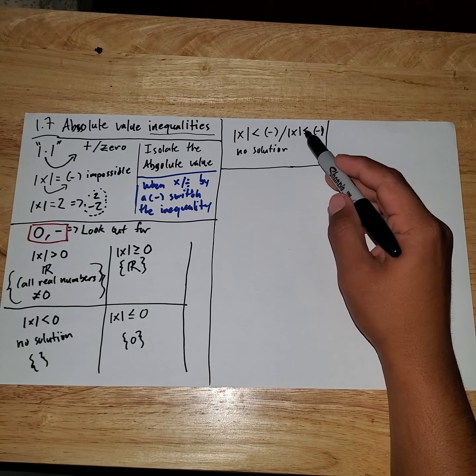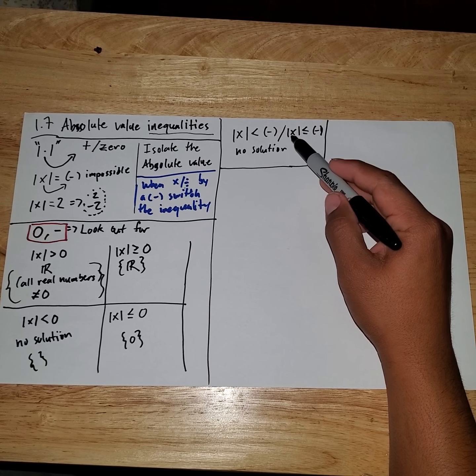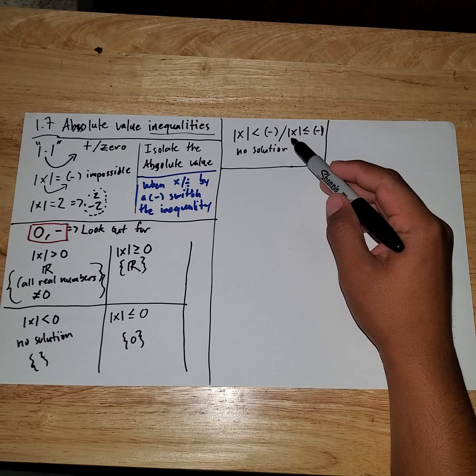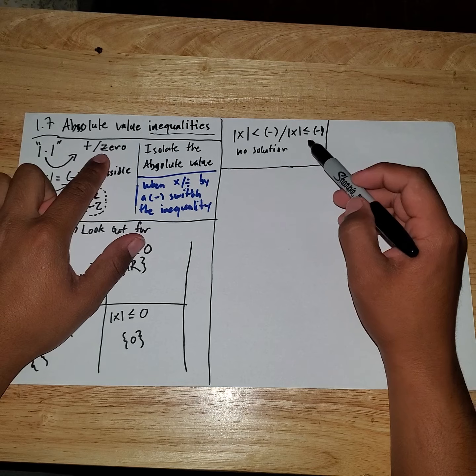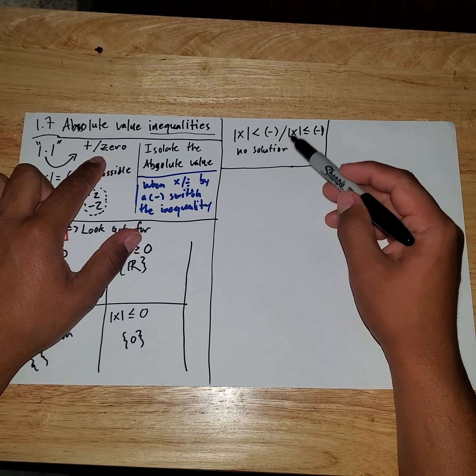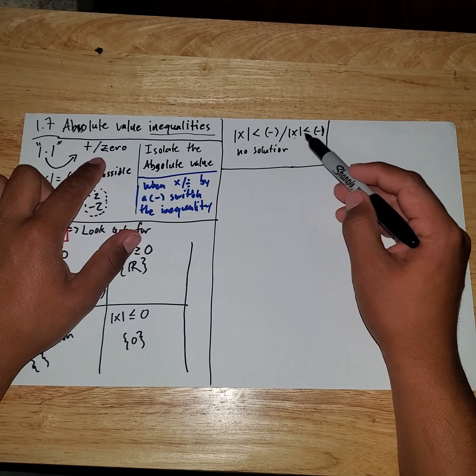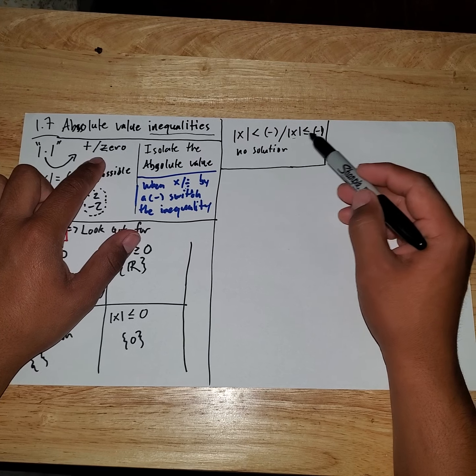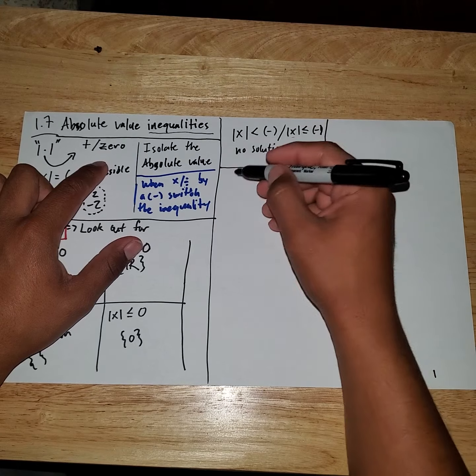Because again, the only things that come out are positive or 0. And 0 is not equal to a negative, and it's not smaller than a negative. Positives won't be equal to negatives, and they're not smaller than negatives.